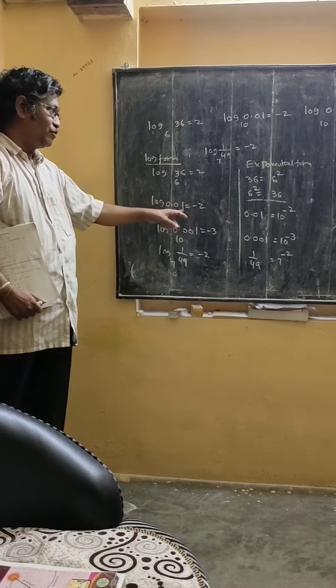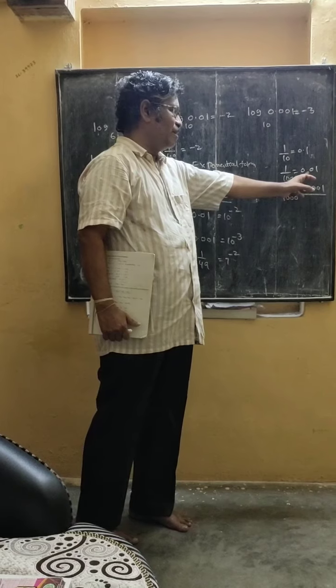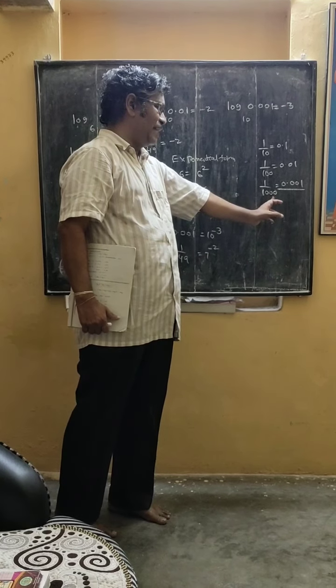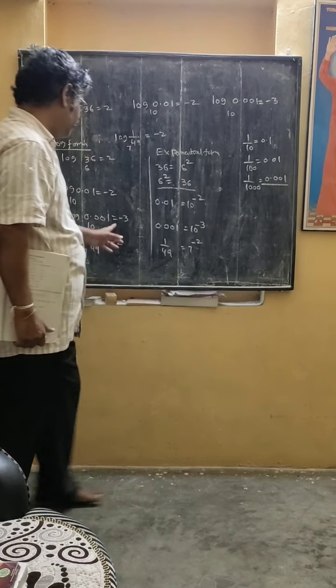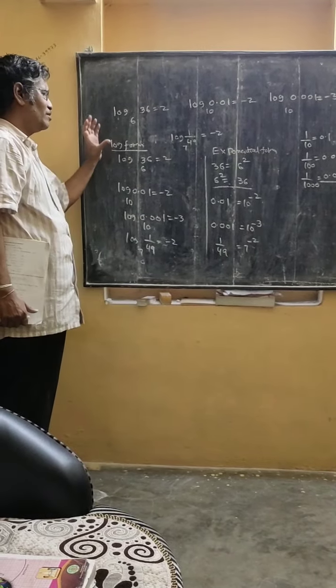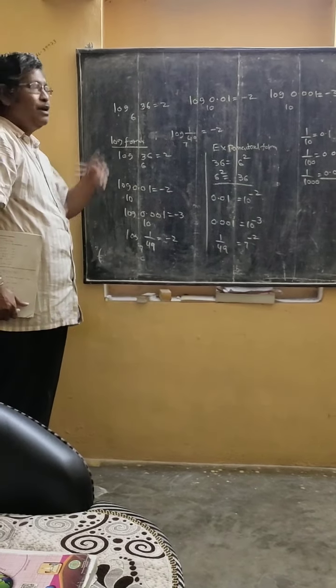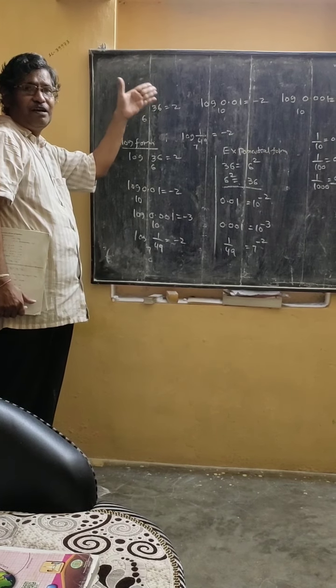Are you okay about this one? 1 by 10 means 0.1. 1 by 100 means 0.01. 1 by 1000 means 1 by 10 cube, 10 power minus 3, which is 0.001. So like that you change the logarithmic form to exponential form. Previously we discussed the exponential form to logarithmic form.